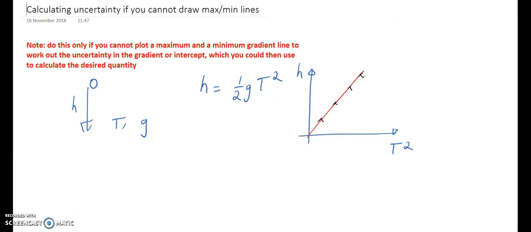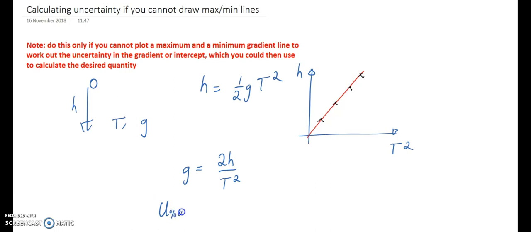We can go back to our original equation. If we rearrange this equation for little g, we find g is 2h over t squared. So if we knew a percentage uncertainty on h and a percentage uncertainty on t, we could calculate a percentage uncertainty on g. And if you can't remember how to do that, look at the video on combining errors.